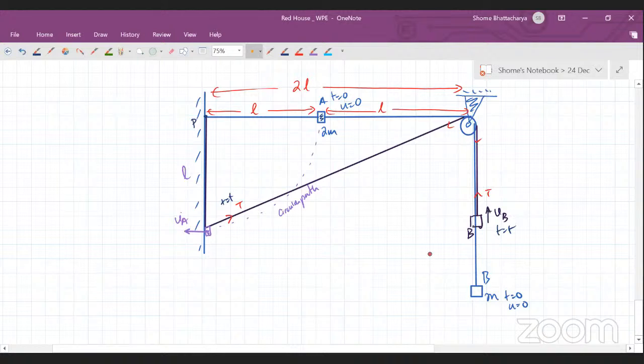Now this thing has to be determined. First of all, if B has gone up through a distance y, let's say this total thread length is z. It is the square root of L squared plus 2L squared, so it is L root 5. Obviously this angle is 90 degrees here.